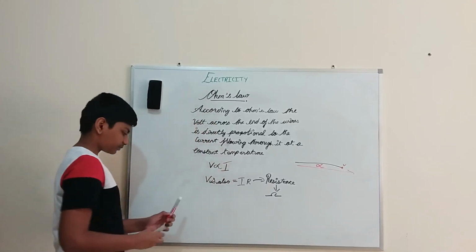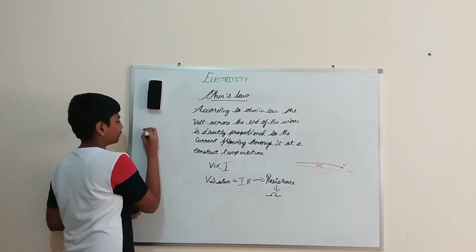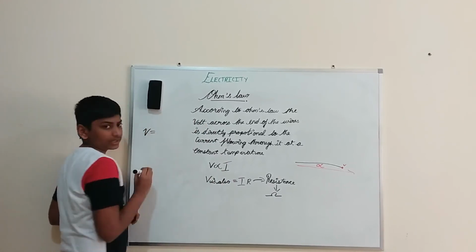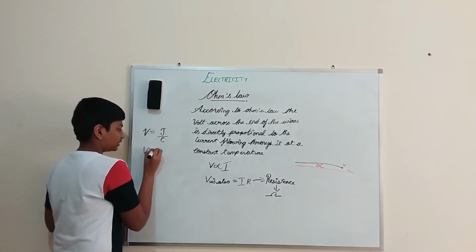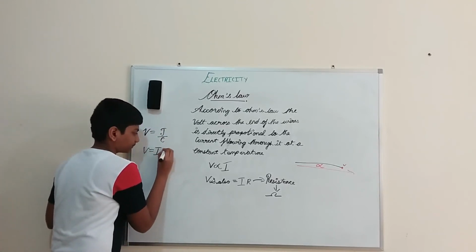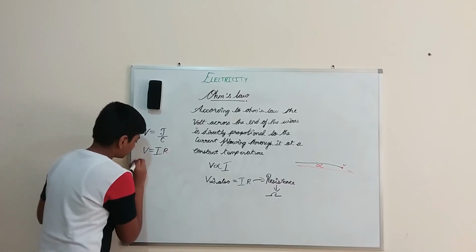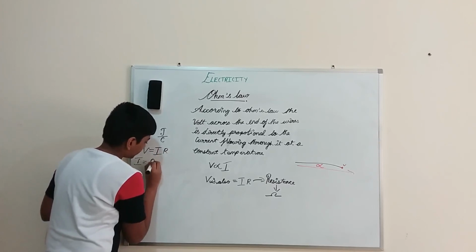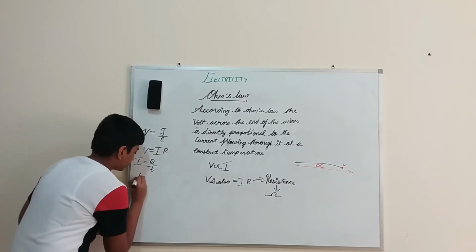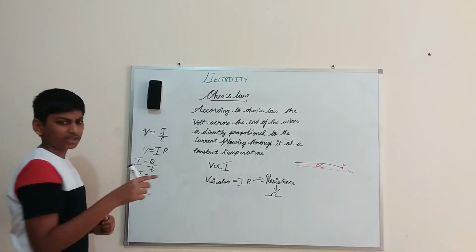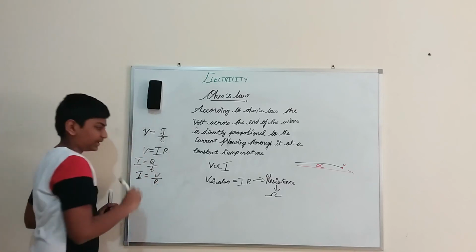So now we got volt is also equal to, at first, what is the definition for volt? This volt will be equal to joules per coulomb, and volt is also equal to I into R. And we can derive for I also. I is equal to what? I is equal to Q by T, right? And another thing is I is also equal to volt by resistance. How did I get volt by resistance?